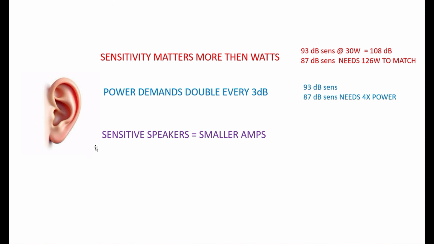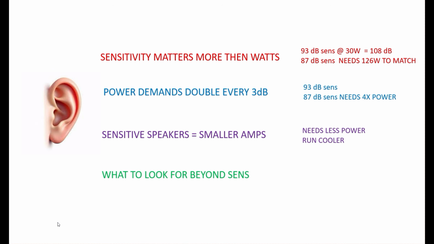And with sensitive speakers, you can run smaller amps. They need less power than insensitive speakers. They run cooler, so they physically have less heat, which means you have higher thermal limits, right? Because they play obviously louder with more power. So there's lots of advantages to sensitive speakers.